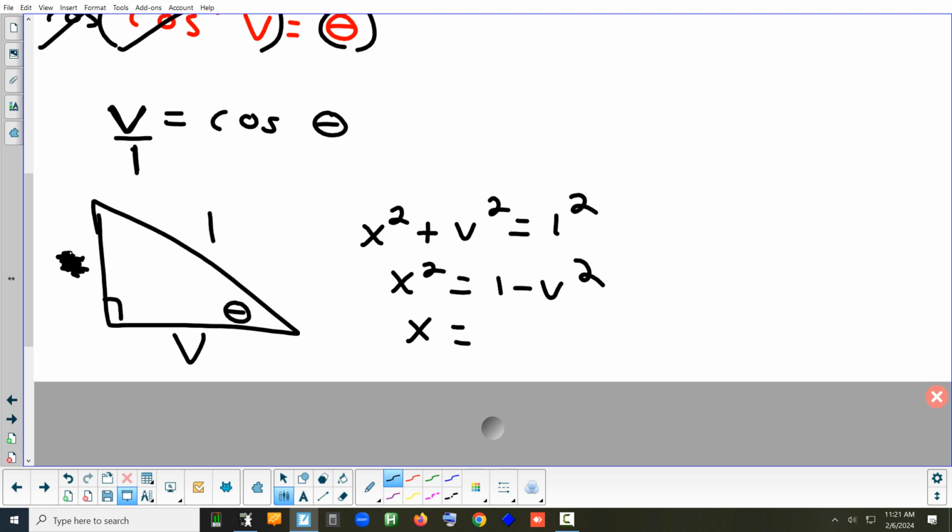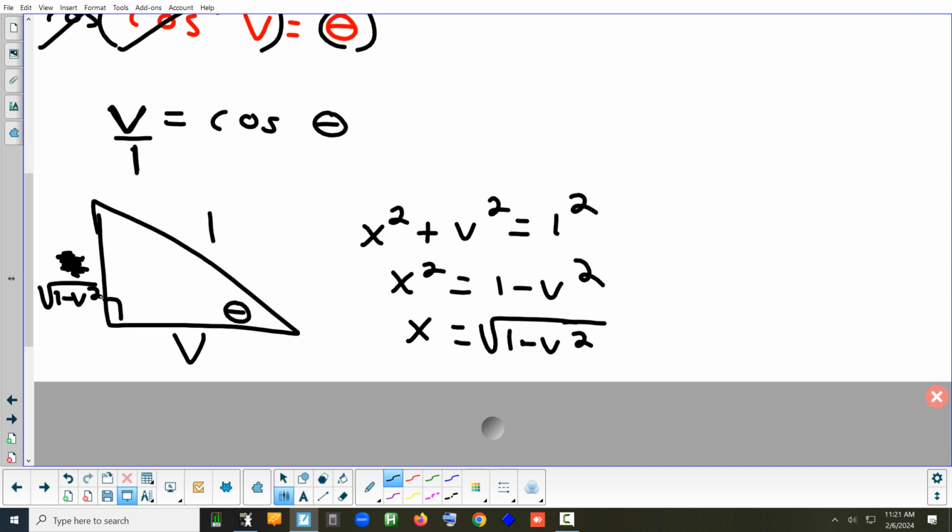It's going to be the square root of 1 minus v squared. It needs to be squared still under the square root. So that side is the square root of 1 minus v squared.